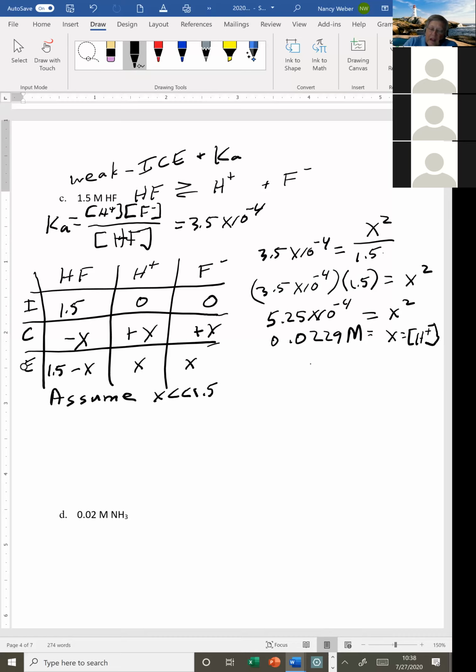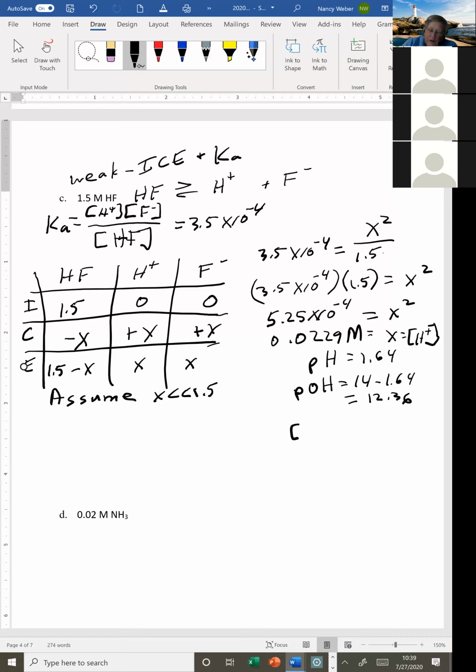Okay, so pH will then equal 1.64. pOH equals 14 minus 1.64, which is 12.36. Is that right? Yeah. Okay.